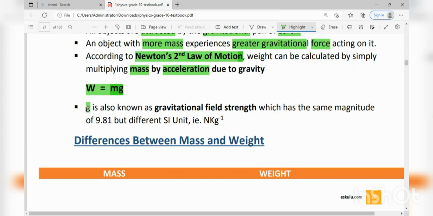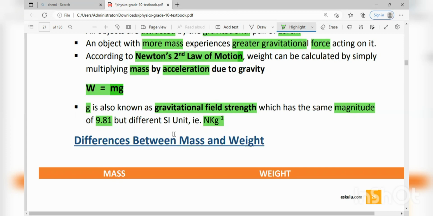So the g is also known as the gravitational field strength, which has the same magnitude of 9.81, but the different SI unit, International System of Units, N kg^-1.